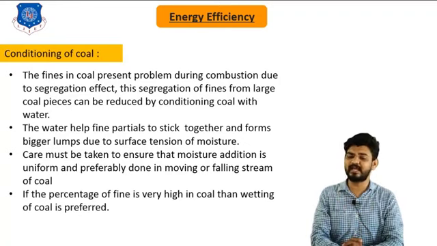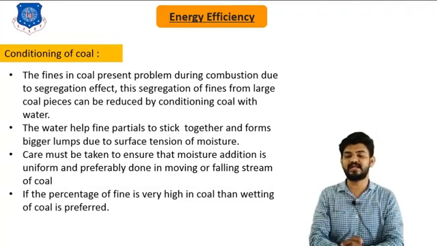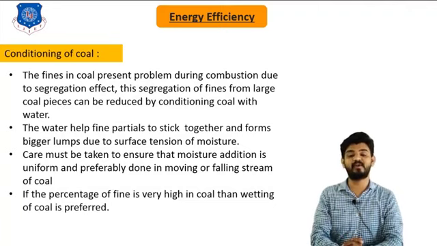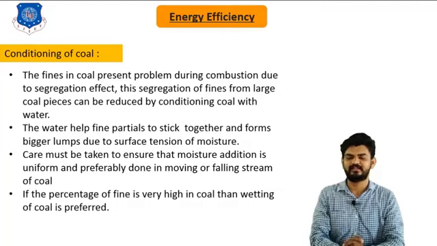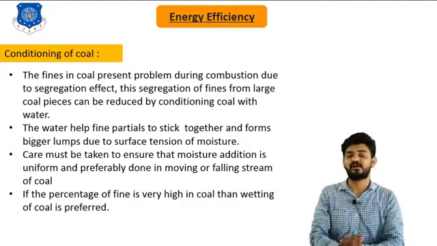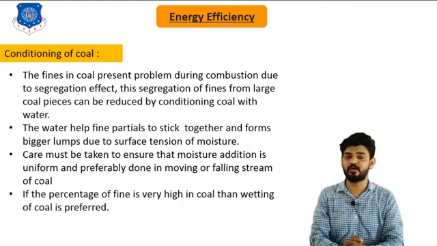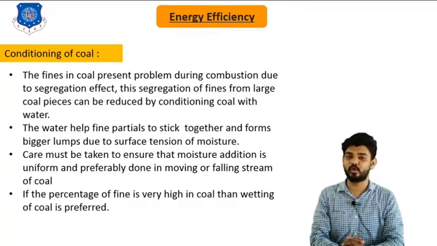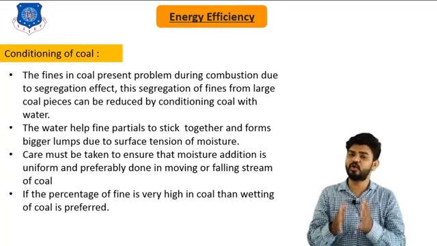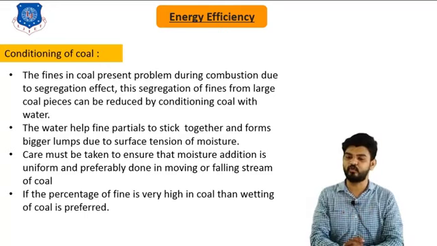Care must be taken to ensure that moisture addition is uniform and preferably done in a moving or falling stream of coal. That means moisture reduces the efficiency of coal, since we do not need any kind of moisture in coal, so we do not increase the moisture content of coal.